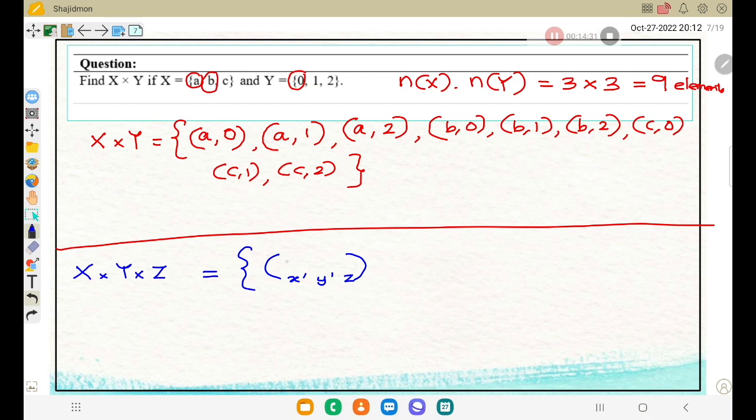For example, see 1, 2, 3: 1 from the first X set, 2 from the Y set and 3 from the Z set, correct? So same as before, all the possibilities we are writing. What are the elements? These ordered triples are coming. All the possibilities we can write here. So that collection is X cross Y cross Z, correct? So we can practice. Already we did some questions in the 3.1 section. You can refer to that one, on how to calculate X cross Y cross Z here.